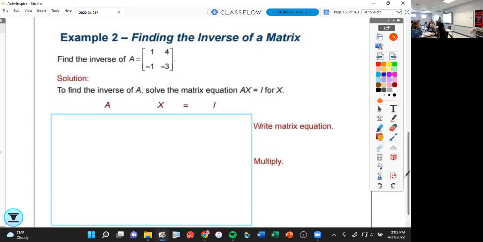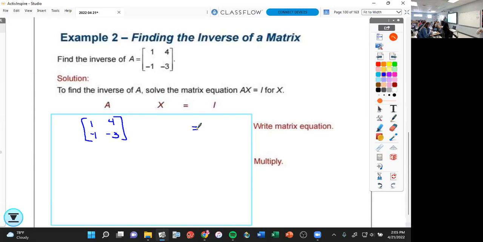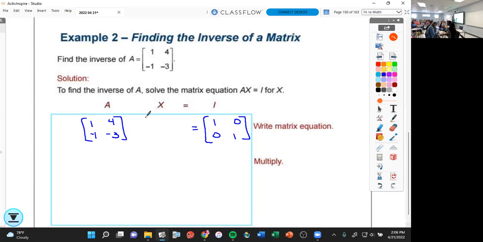Do we know what matrix A is? Matrix A is 1 4, negative 1, negative 3. Do I know what the identity looks like? Okay, it's not going to change. Do I know what X is? I don't.